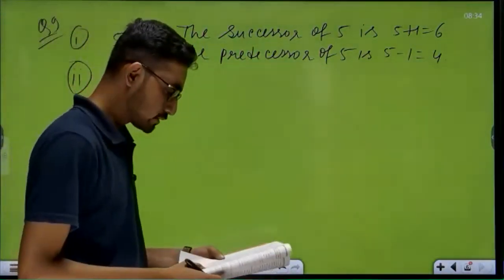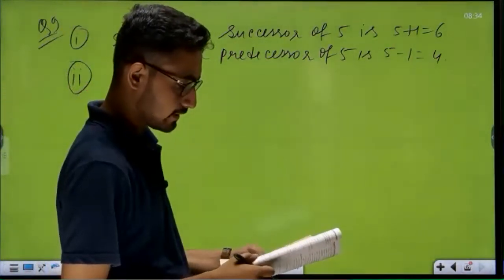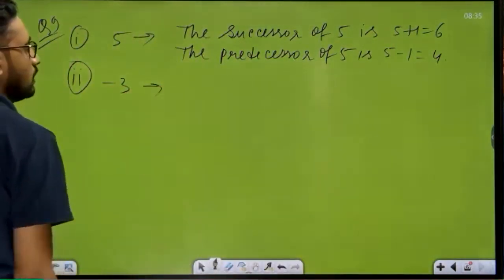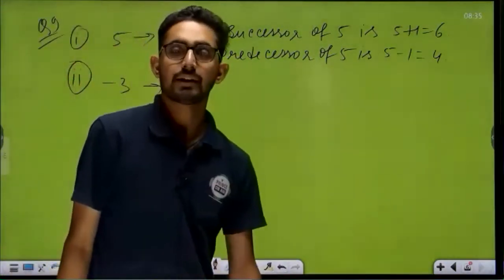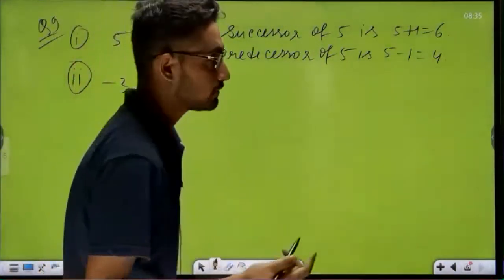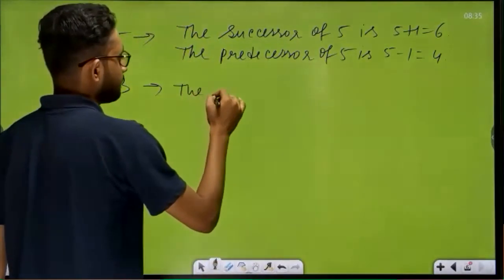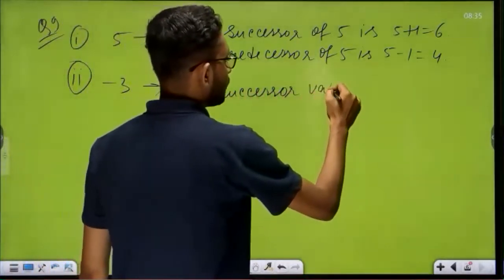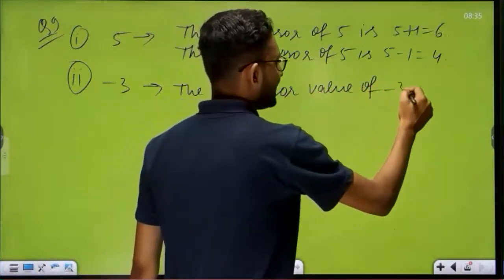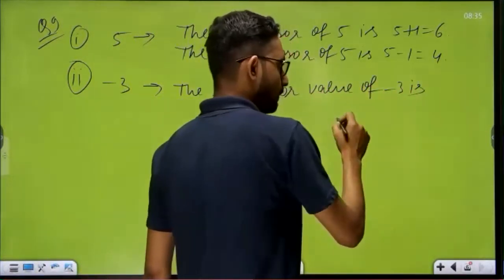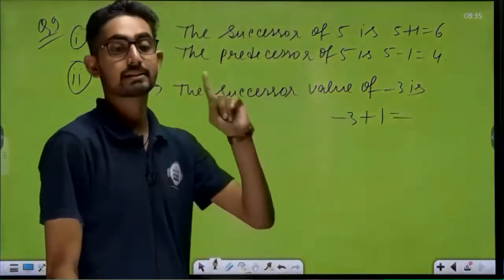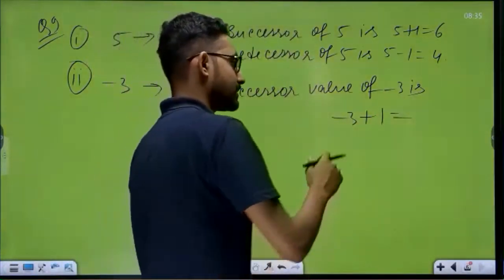Okay. Now students, in this question says, what is the successor value of minus 3? What is the successor value of minus 3? How will find out? Again same thing. The successor value of minus 3 is how? Minus 3 plus 1. And students, minus plus minus. So 3 में से 1 minus किया तो 2.